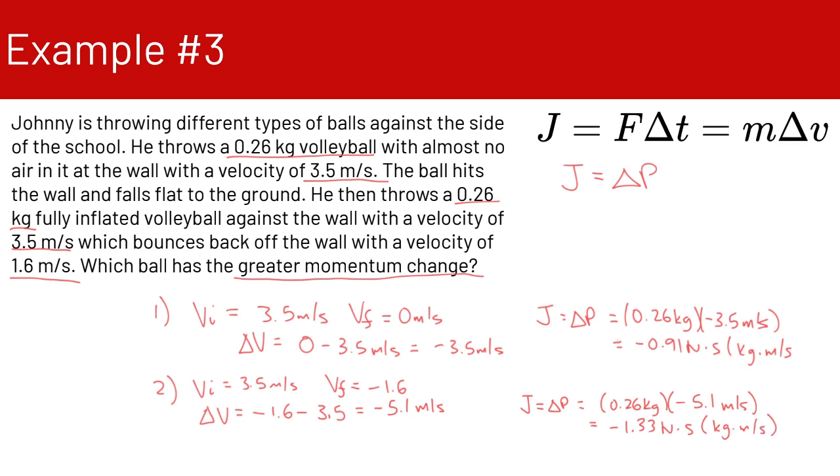So when the question asks which ball has a greater momentum change, the inflated ball that bounces off the wall has the greater change than the flat ball that just hits the wall and falls to the ground.